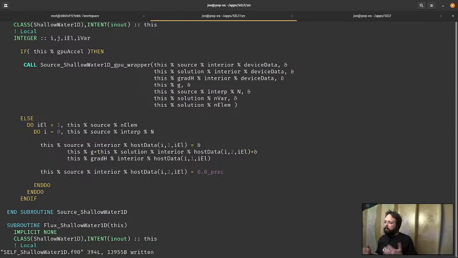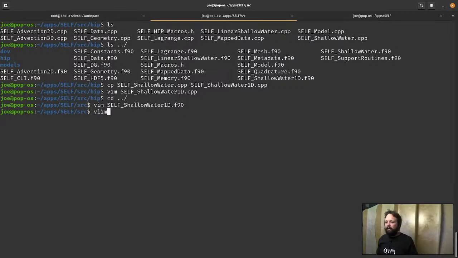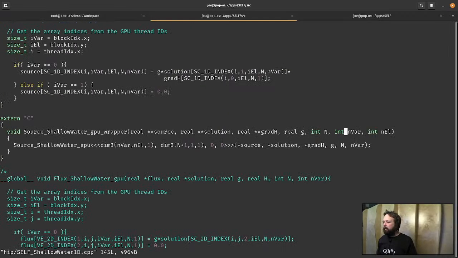And in order to make this a subroutine that we can call on the Fortran side, technically, I'm almost there. It's a little tricky if you were to do this without ISO C binding. You have to be very careful. But essentially, the object in the .o file that's created when you compile this with something like hipcc -c, when we enclose a kernel with this extern C, what it instructs the compiler to do is to preserve this name, source shallow water GPU wrapper, in the object file so that I could reference it in other code.